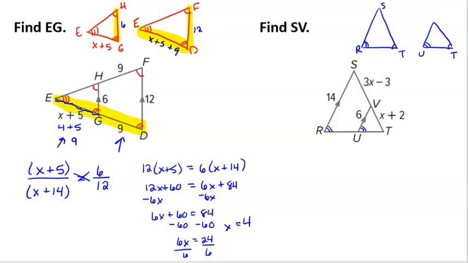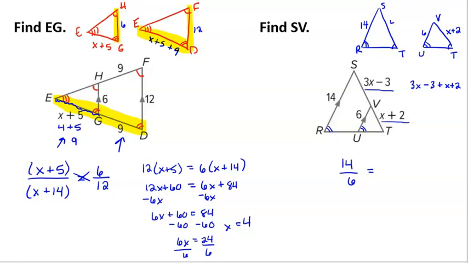And so now from here I have 14 and 6, so I know that those are going to go together. And then VT is going to be x plus 2, but ST is going to be a combination of these. And so that's going to be 3x minus 3 plus x plus 2.